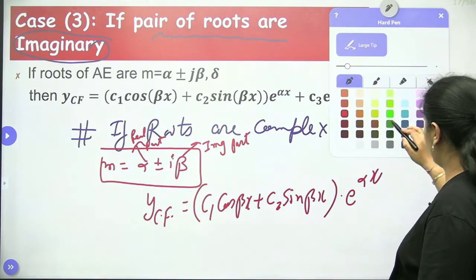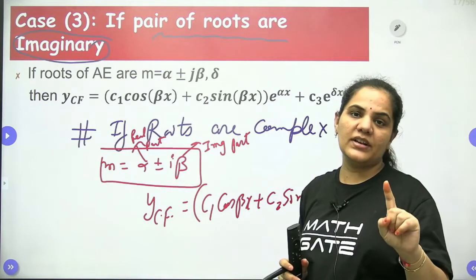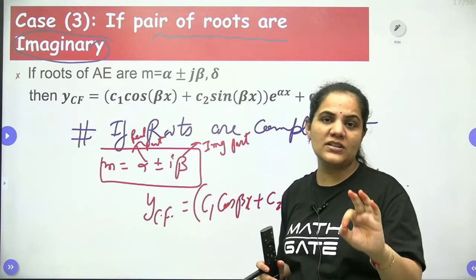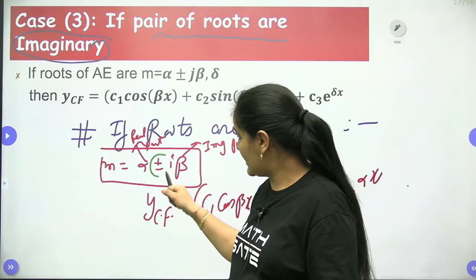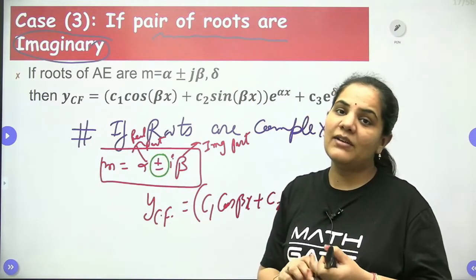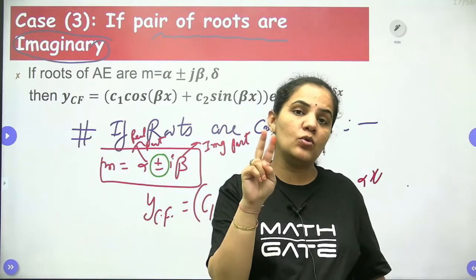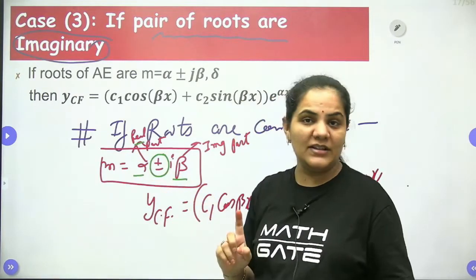Now let me show you what exactly I did. Whenever we have a complex root, dear students, as we know very well, the complex root always comes with its conjugate, so it will be α ± iβ, that for sure. Second, whenever we have a complex root, we have two parts: the first is the real part and the second is the imaginary part.